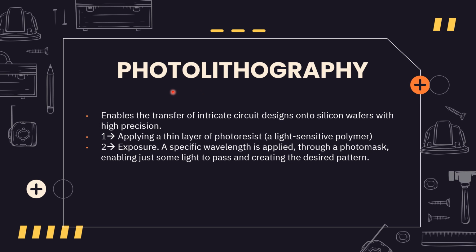The first one is just applying a thin layer of a polymer, which is called photoresist. And then we need to expose this thin layer to some light which has a specific wavelength. So the light will pass through a pattern which is the photomask, and will create the desired pattern in our silicon wafer.